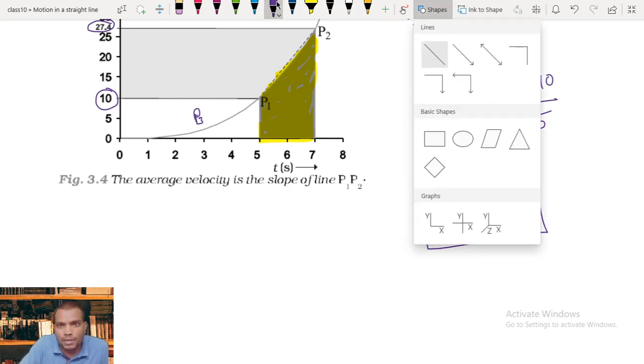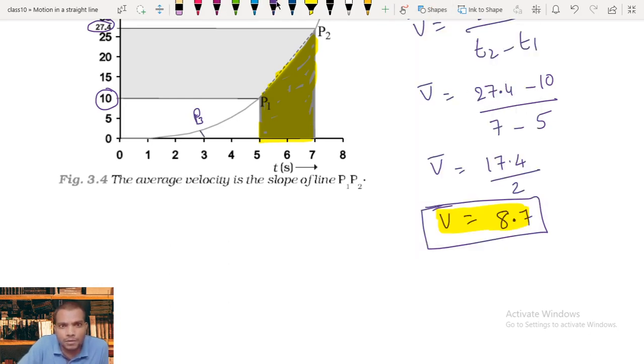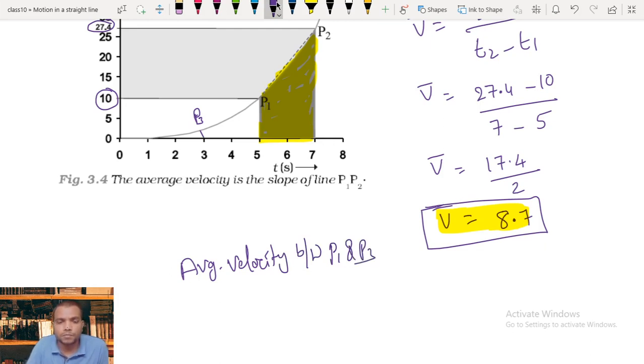Now what is the average velocity between P1 and P3? Find the average velocity between P1 and P3.